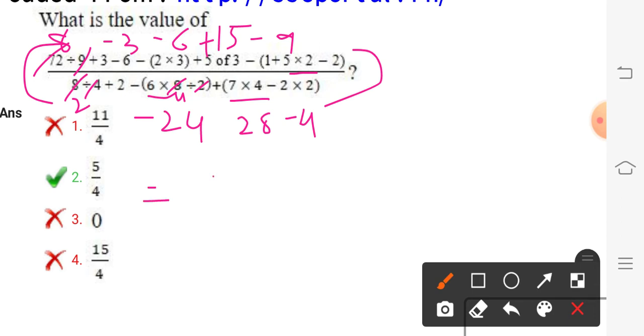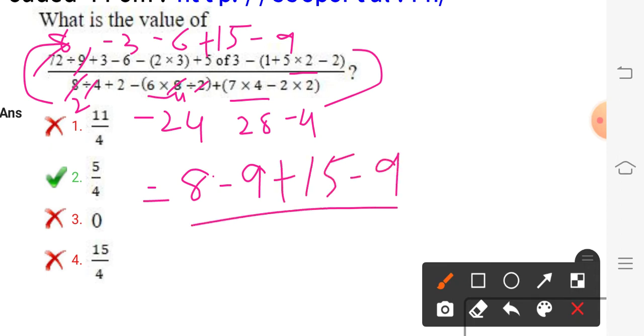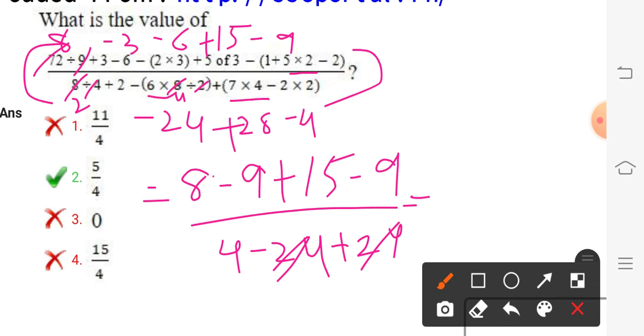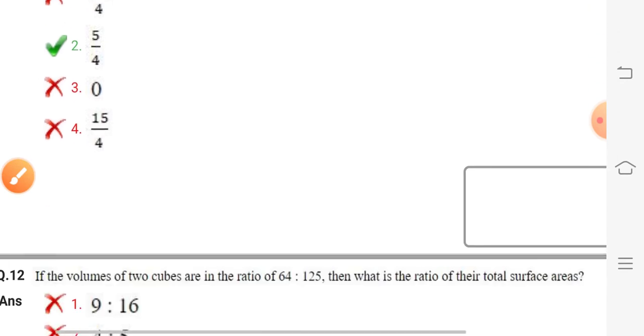Here solve 8 minus 9 plus 15 minus 9 by 2 plus 2 is 4. 4 minus 24 plus 24 minus 4 plus 24. 24 cancel here. 24 minus 24 is 0 here. 15 minus, we get this value minus 1, minus 10. 15 minus 10 is equal to 5. 5 by 4. So the second option is correct.